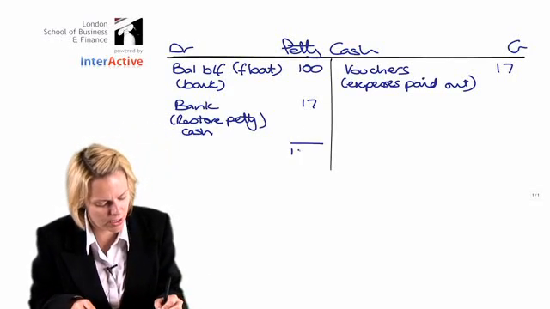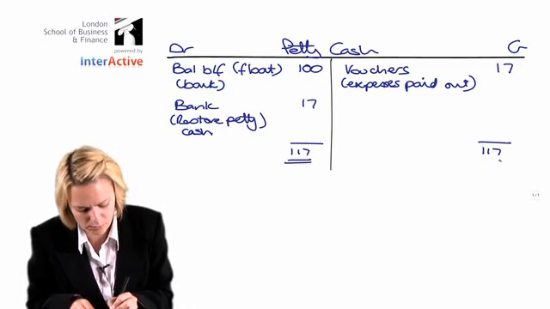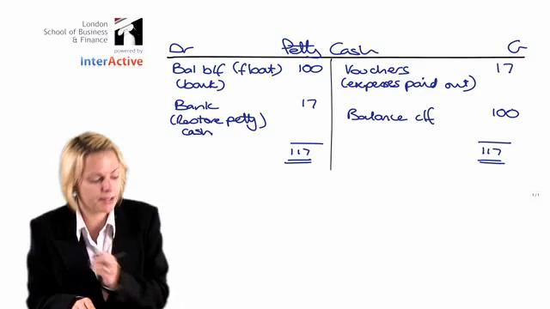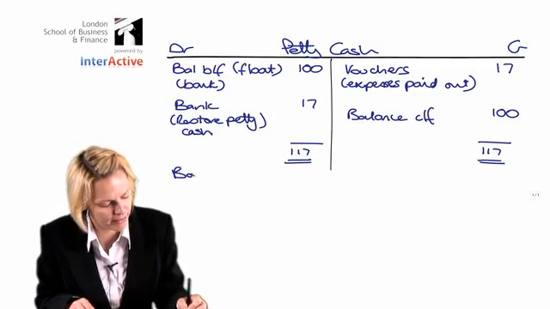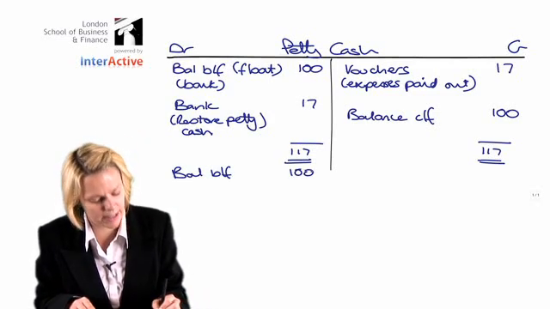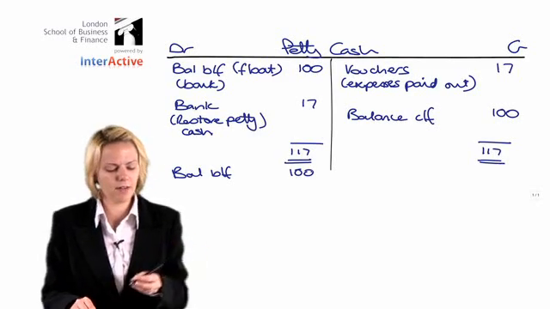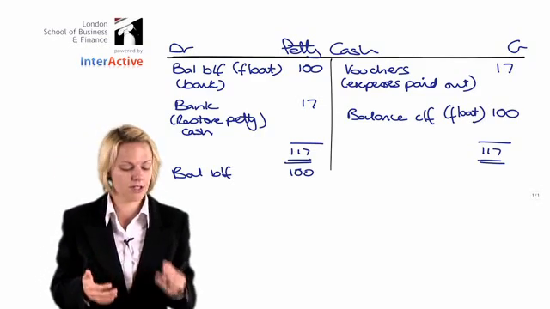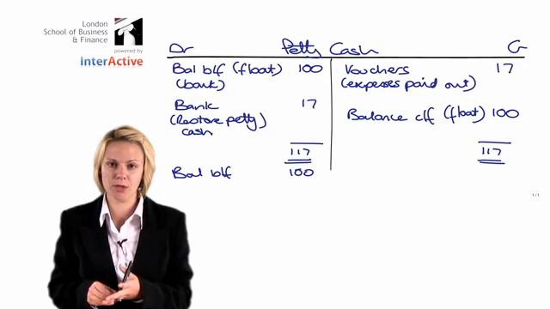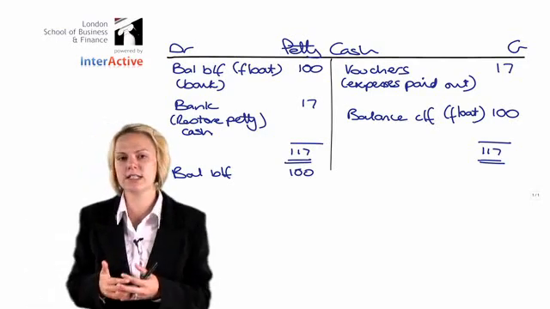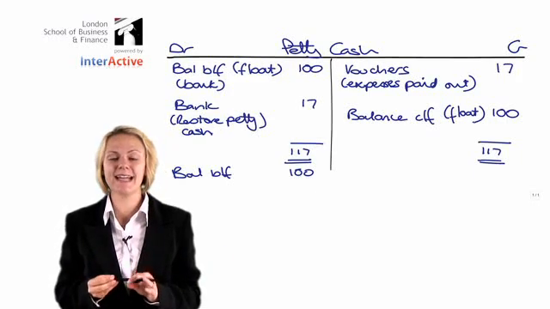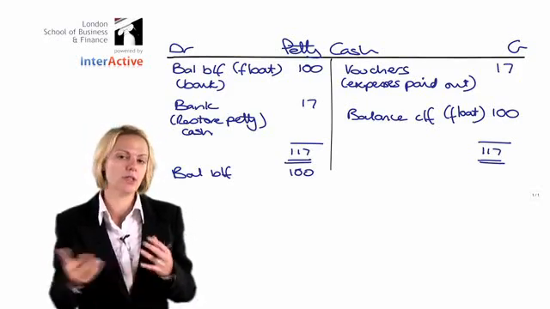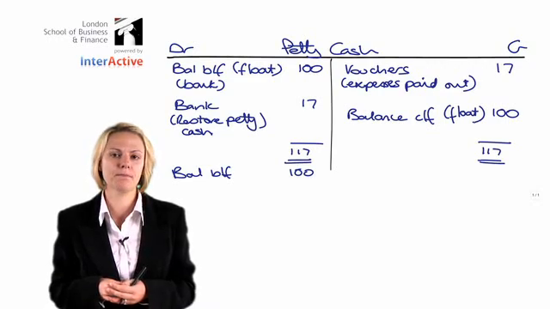So at the end of the period, the balance carried forward is $100, and that's the asset that you'll bring forward into the next period. So notice then that the opening and closing balances will always represent that fixed float amount at the start and at the end of the period. Okay. So for petty cash, if you're using an imprest system, the opening and closing balances of the asset in the ledger account would represent the fixed amount of float that was determined once they started up the petty cash system.